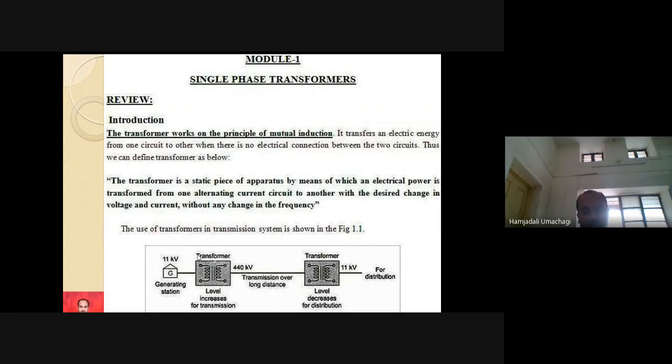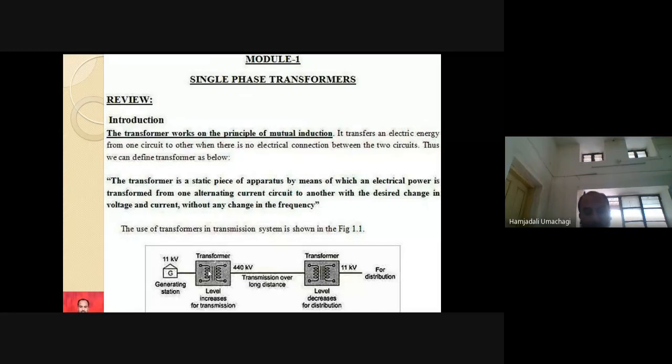Suppose this generating station is the KPCL Almaty Hydel power station. After generating the power with the help of the generator, where G stands for generator, the generator gives output as an electrical quantity. That electrical quantity we inject into the primary winding of the transformer.